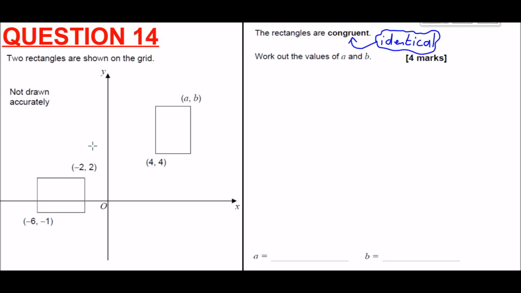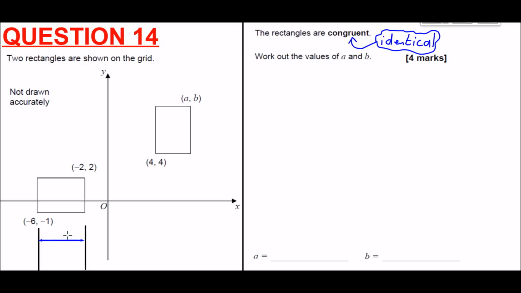And so if we have a look at this one here first, and just take the x-coordinates. The x-coordinates are the numbers that come first. So -6 is here. This one's -2. And so if you just imagine a line between -6 and -2, we could calculate the change in x.